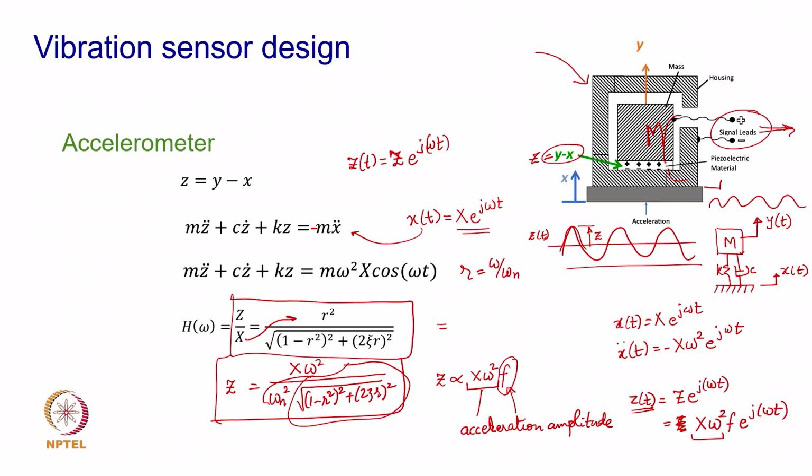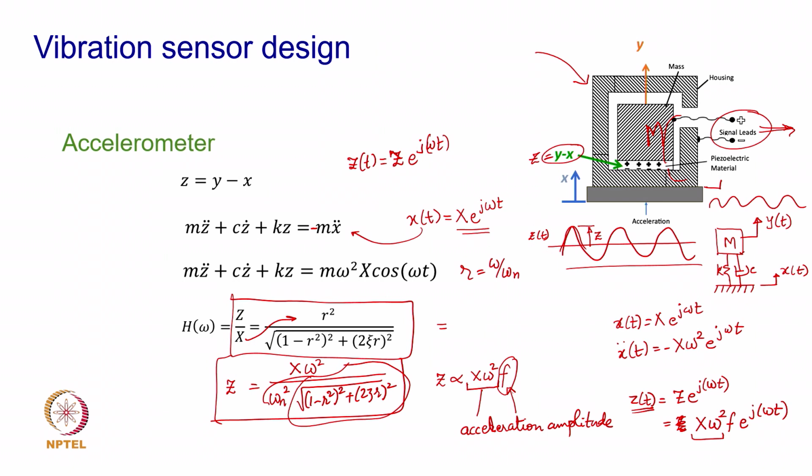And so, this is the basic philosophy of the design of an accelerometer: if you want to measure the acceleration, you need to somehow get this piezo patch to get strained, and that output from the piezo disc is going to be an electric signal, which you can calibrate and find out the proportionality factor.